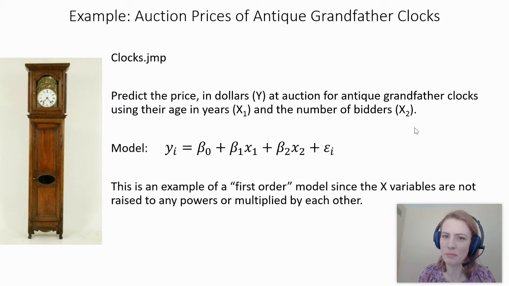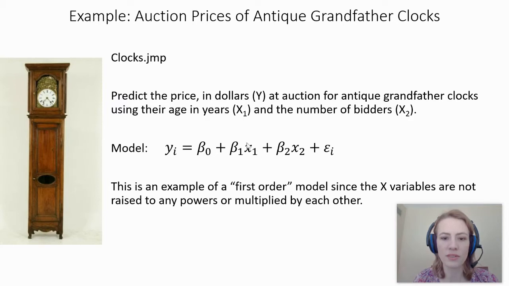This is kind of the simplest multiple regression model we could have. In symbolic notation, individual prices, yi, come from the true intercept, beta naught, plus this first beta coefficient, beta 1, times x1. Remember, x1 was the age in years.